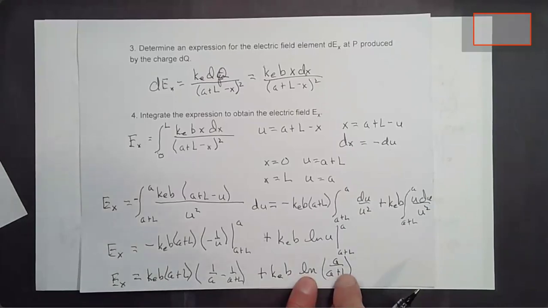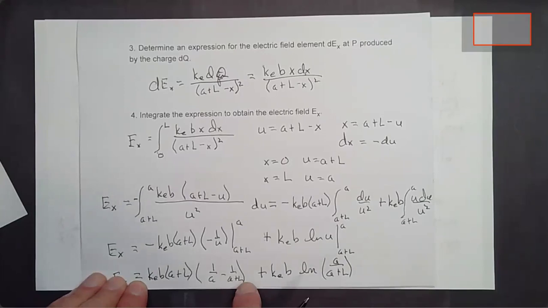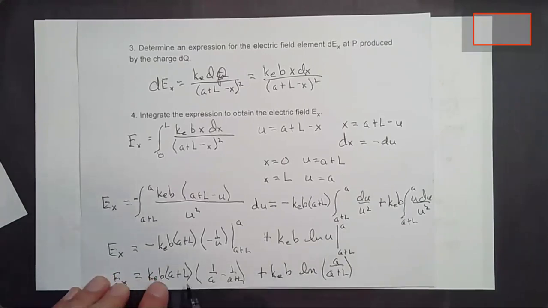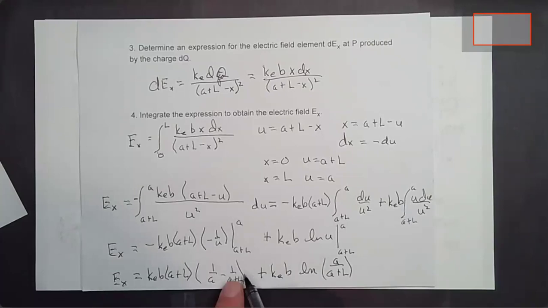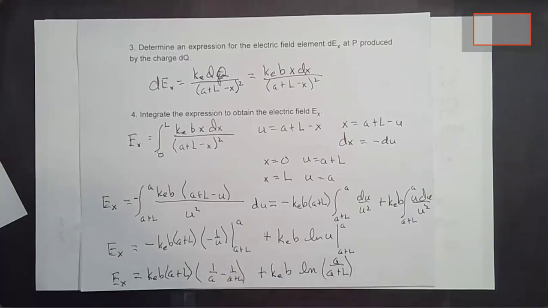This is dimensionless. It actually has whatever the dimensions of k sub e times b here, and this actually is here too, because if you put an a sub L over each of these, this would be a length over a length and a length over a length. So in fact, that would be a sub L over a minus 1.